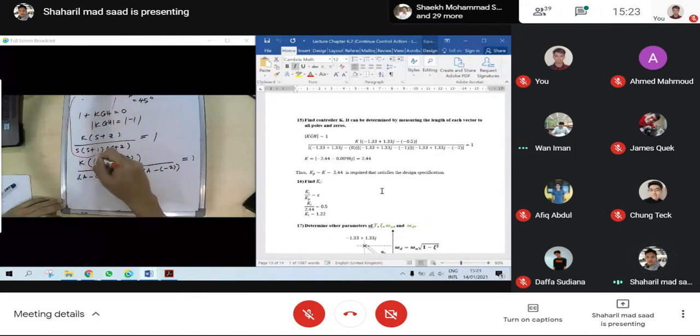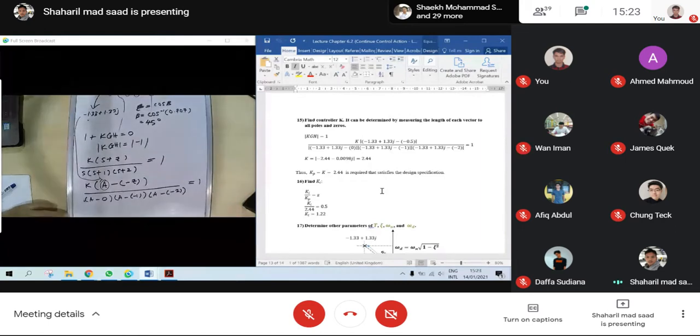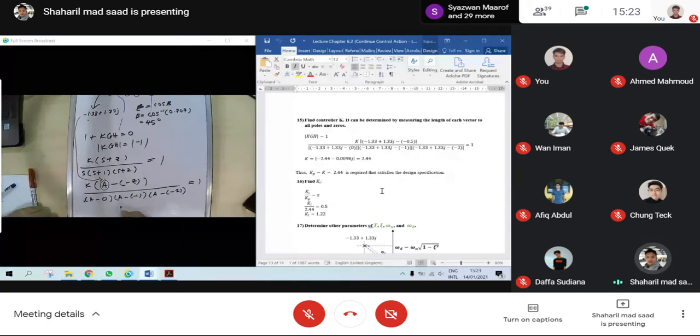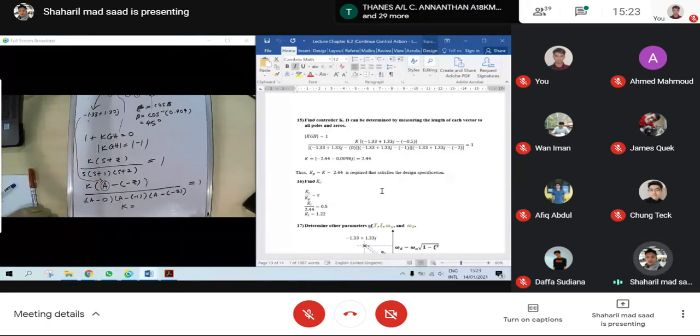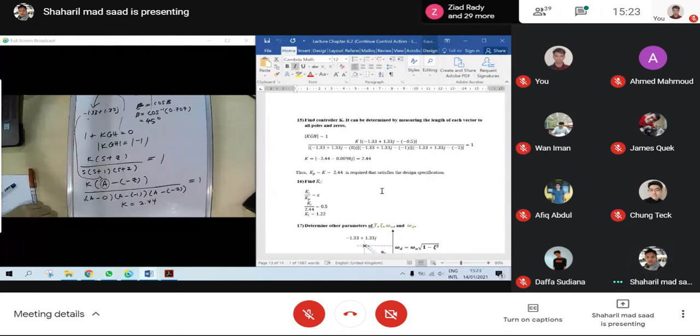Then we got it here. We find the k here, and now it is equal to 2.44. Right. So this is the value of the k that you can adjust, and in order to find ki, ki over kp here is equal to 0.5, equal to z.